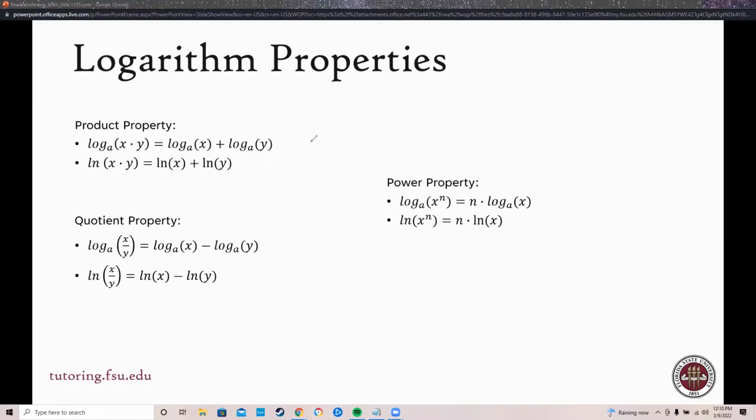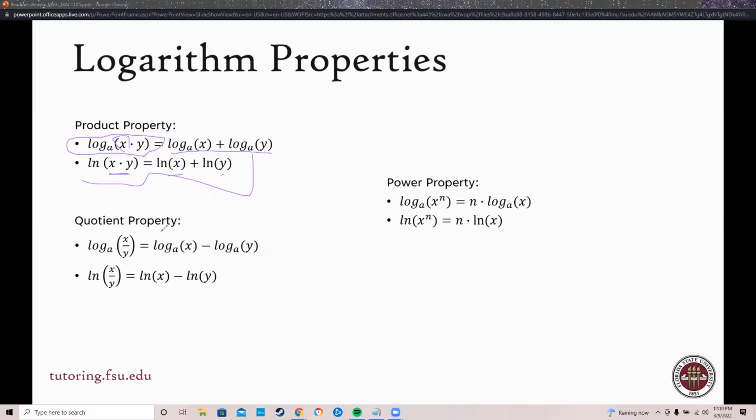Logarithms are a little weird, where if you have two logarithms of the same base adding together, so if I have log base a of 2 plus log base a of 3, then I could actually combine these into one log, log base a of 2 times 3, so it would be log base a of 6. The product property just tells you that whenever you have two logarithms adding together, you can turn it into one logarithm with the inside nested formula, like x and y multiplying together.